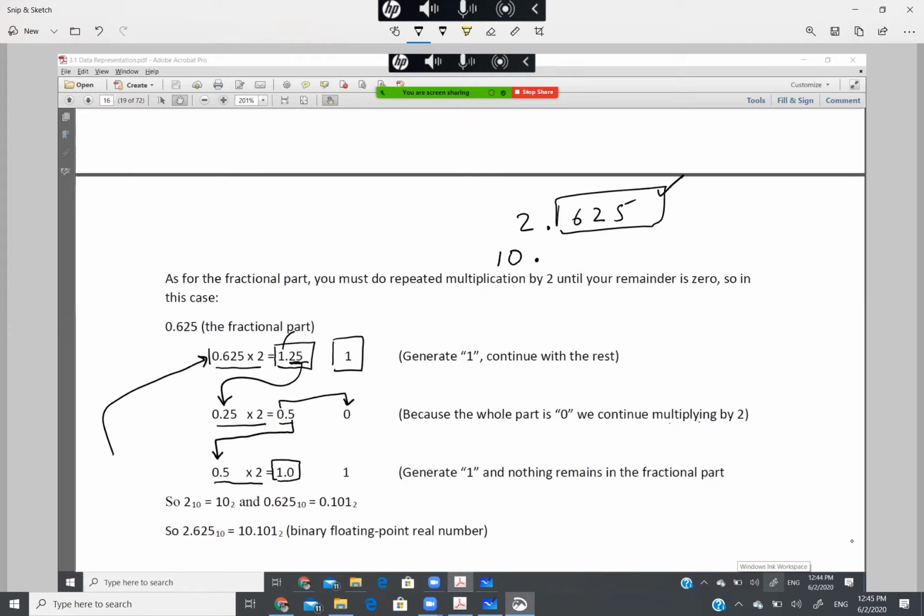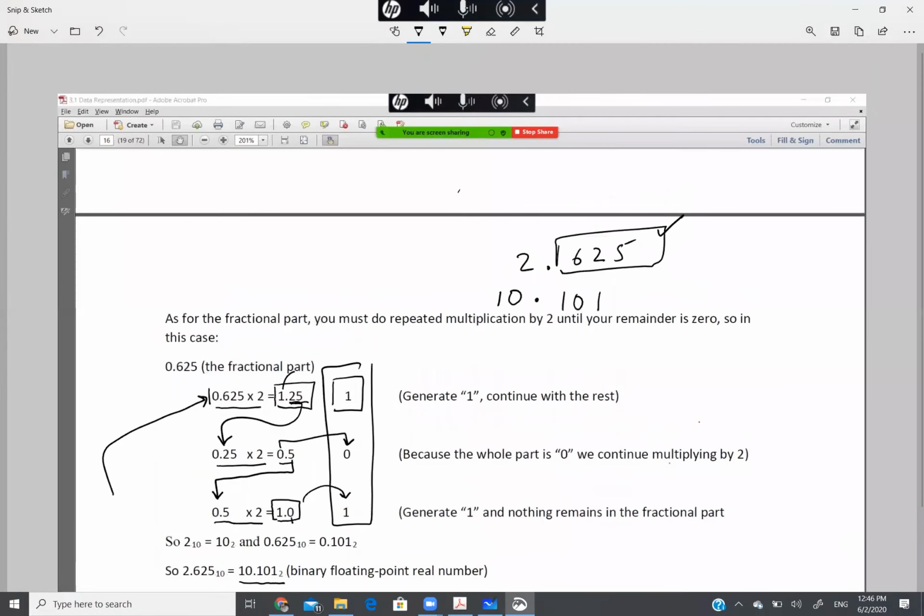So 1.0, you take the 1 and you end there, because now the 0 has come. If you multiply a 0 with anything, it again becomes 0. So your answer for 0.625 will be 101. So you have your 2.625 like this, 10.101.